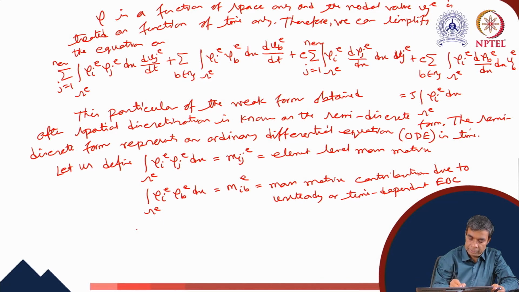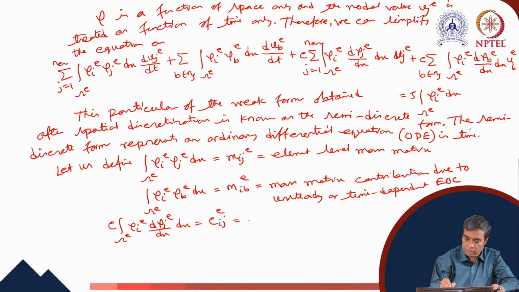The next term is C into integration over omega e psi ie d psi je dx equals to C ije equals to element level convection matrix.